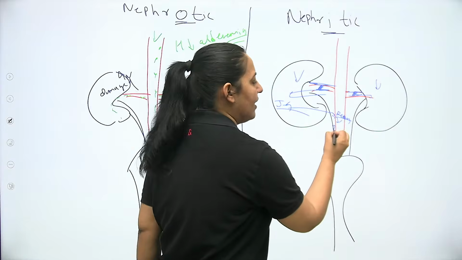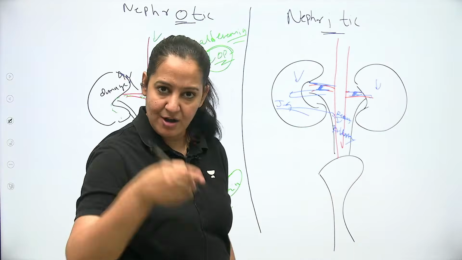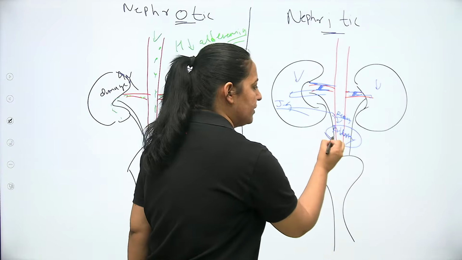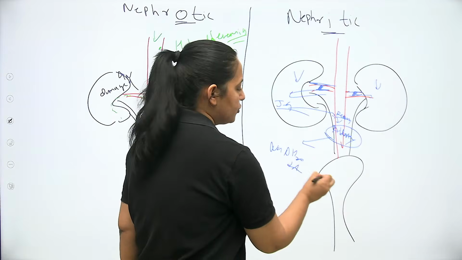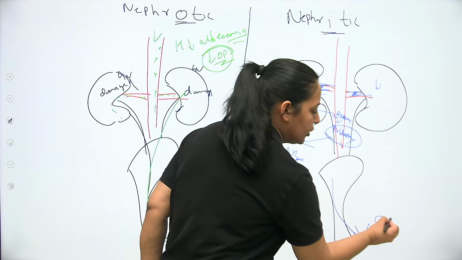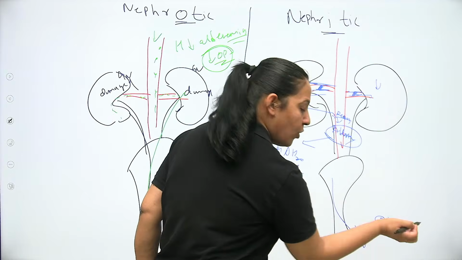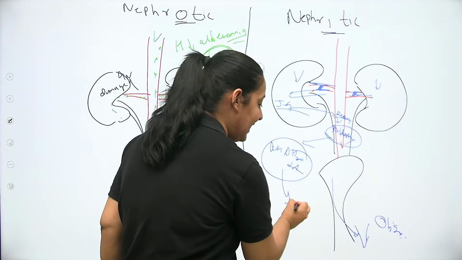Angiotensin 2 will lead to the secretion of aldosterone. So ultimately aldosterone will come in the blood from the adrenal gland, and this aldosterone will cause sodium and water retention. So urine will be less in amount. Oliguria. The patient has oliguria, because most of the urine, that is sodium and water, is retained by the body. That will lead to edema.